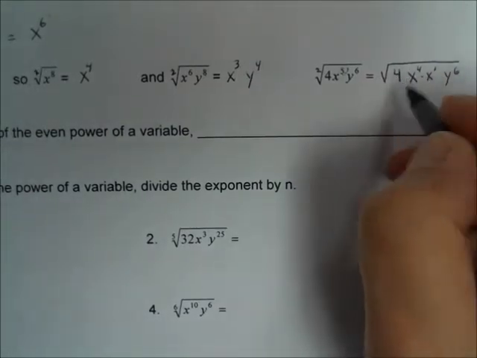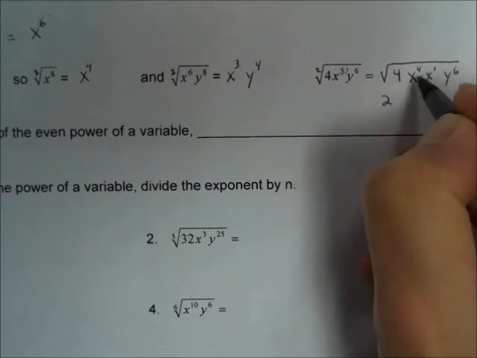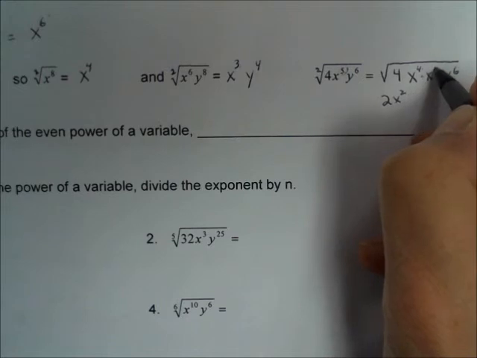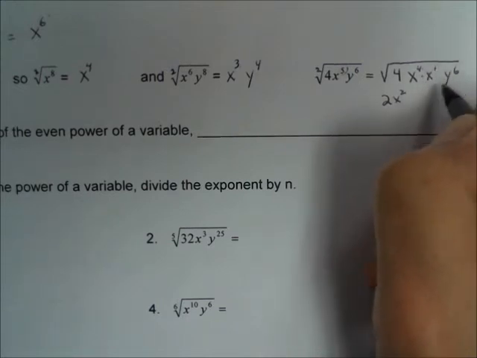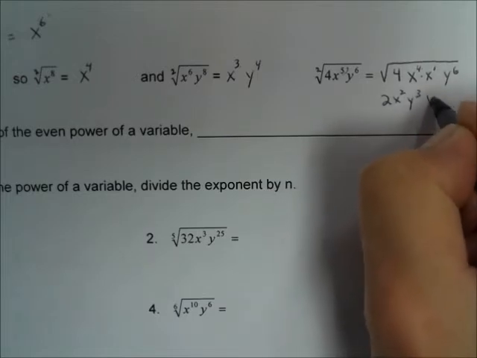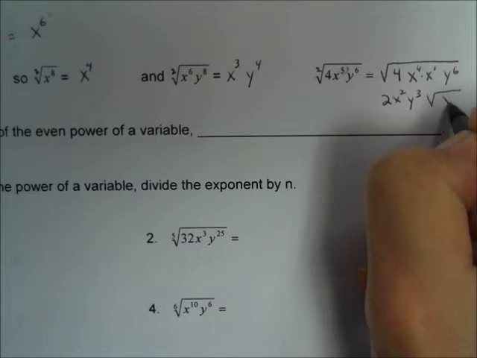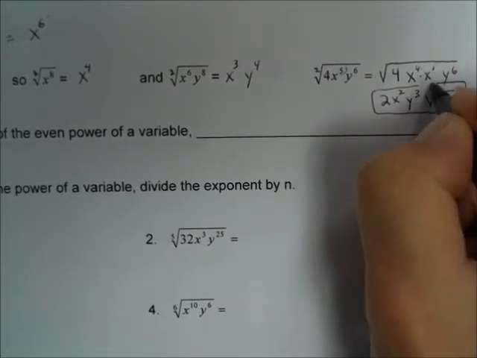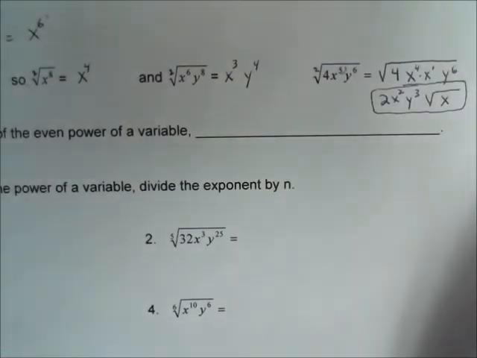So take the square root of 4 and you get 2. Take the square root of x to the 4th and you get x squared. The square root of x to the 1st does not come out even, so it's going to have to stay underneath. The square root of y to the 6th is y to the 3rd, and then what gets left over? We had a square root of x. That x stayed there, and so that's the simplified radical down here. Sometimes you have to break things up a little bit to simplify it.